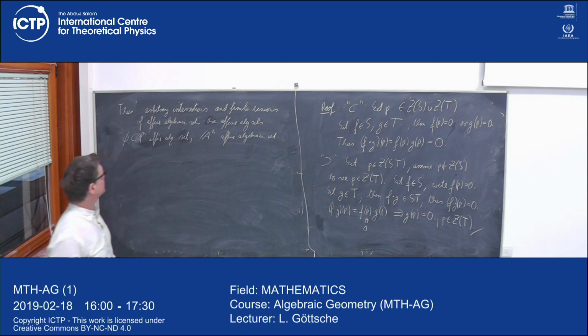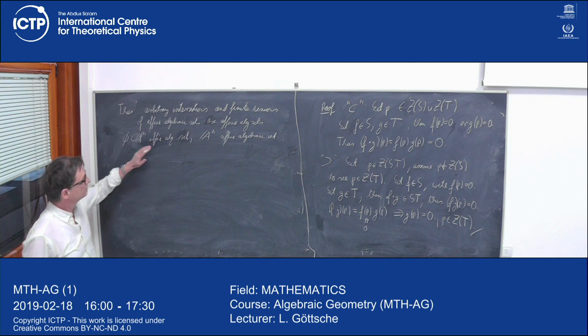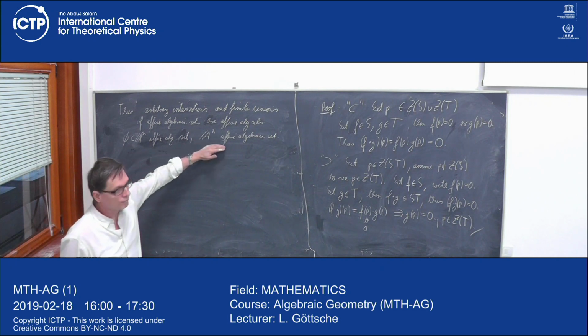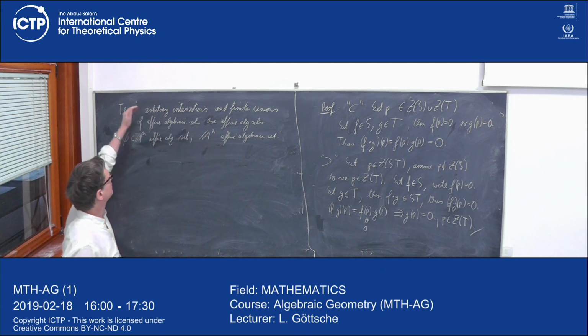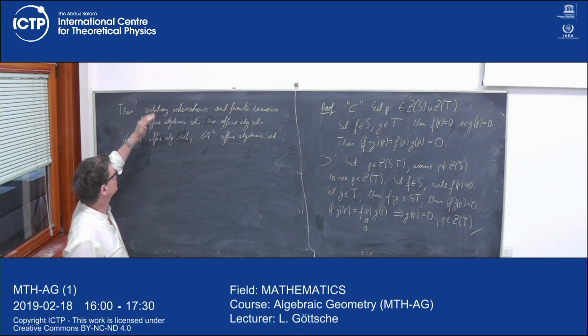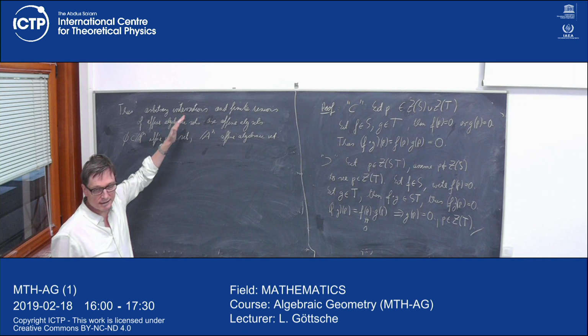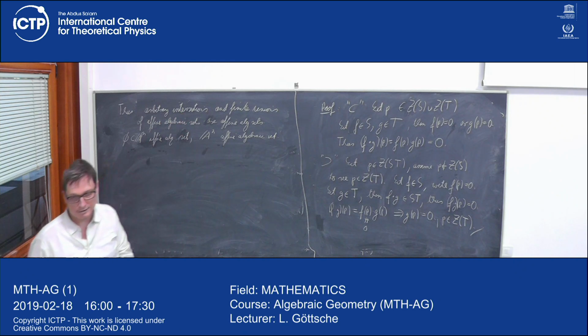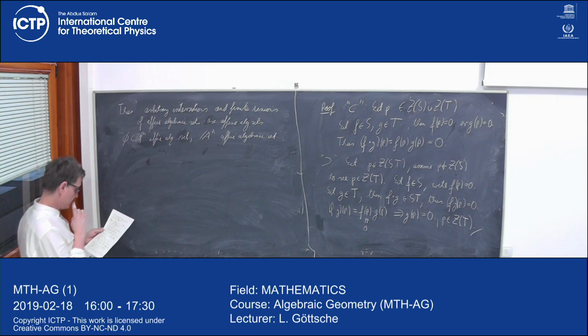And these things together, the empty set and the whole space being algebraic sets, an arbitrary intersection of algebraic sets being an algebraic set, and finite unions of algebraic sets being algebraic sets, means these are the closed subsets of the topology. But I will spell it out.